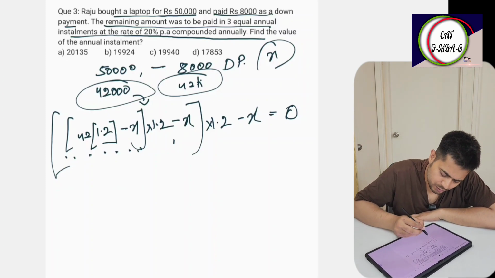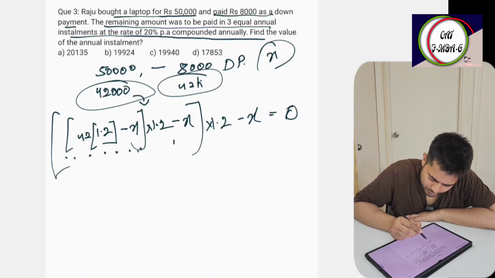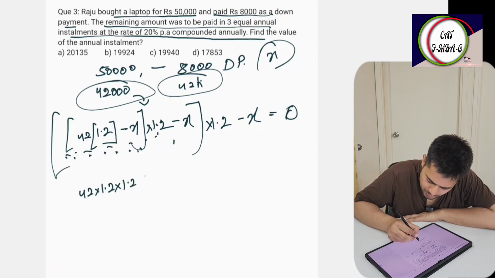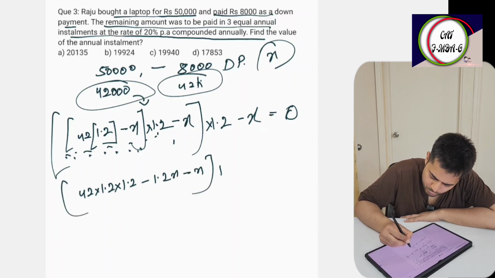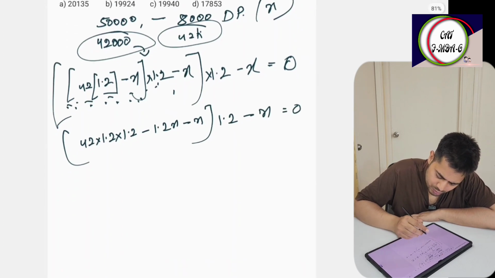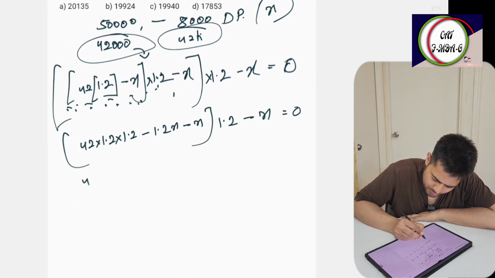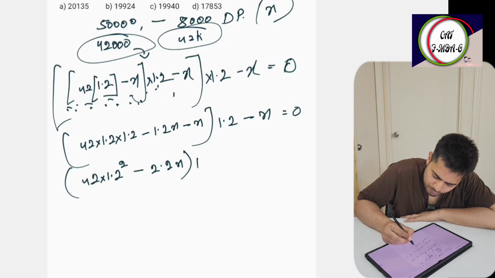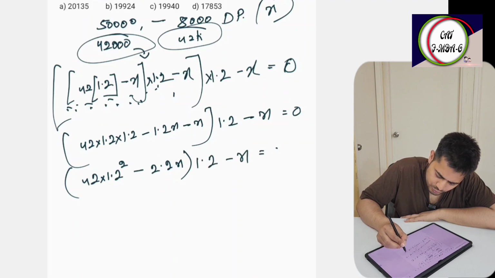Okay, so now let us solve. So 42 into 1.2 into 1.2, multiplying this, minus 1.2x minus x into 1.2 minus x is equal to 0. Now 42 into 1.2 square minus 2.2x into 1.2 minus x is equal to 0.